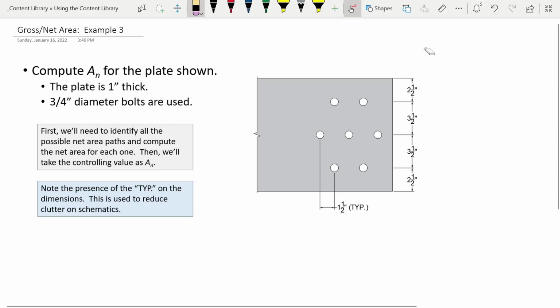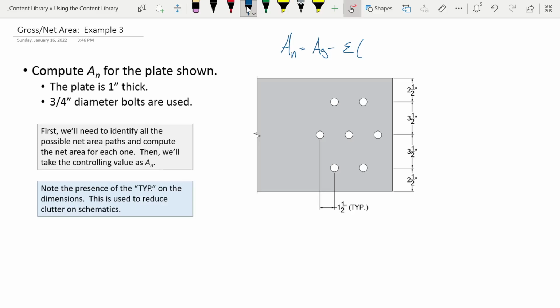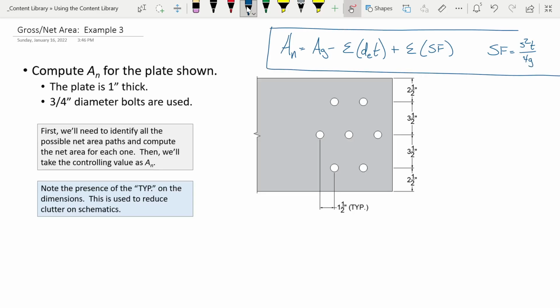Okay, so our expression that we're now utilizing is AG minus that plus the sum of stagger factors. And then stagger factors are S squared T over 4G. So that's sort of the governing equation, if you will, that we're utilizing for this problem. Okay?